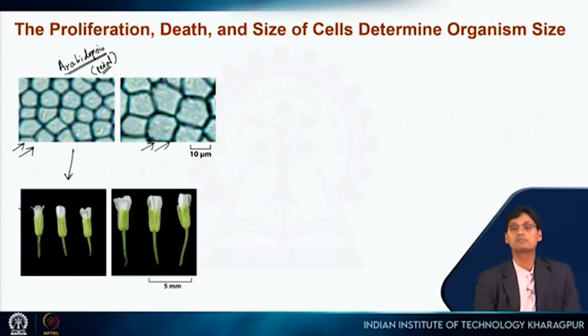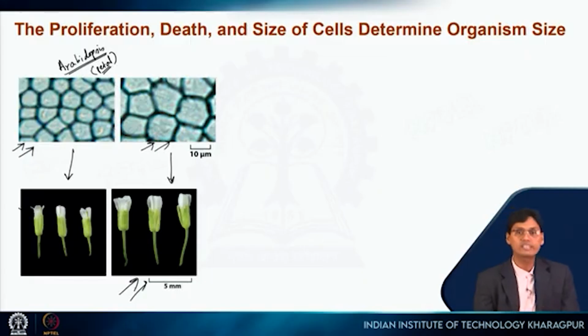Their flower size is much smaller, and when the ploidy number is more, cells are much bigger. You can see here this Arabidopsis flower is much bigger compared to the normal Arabidopsis flower.